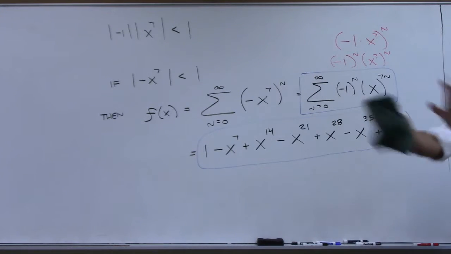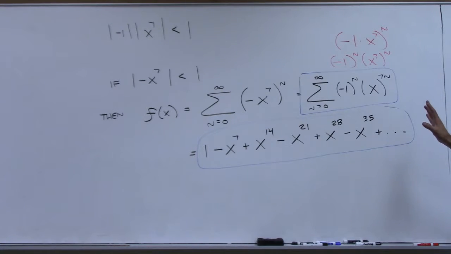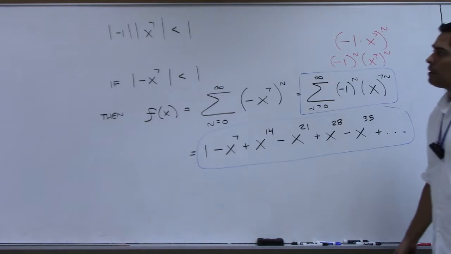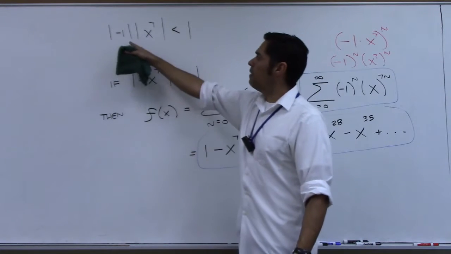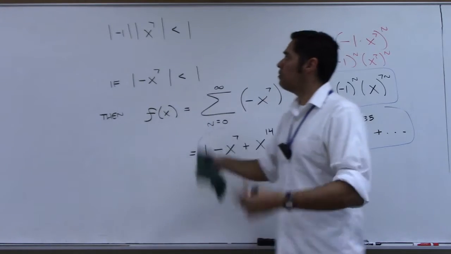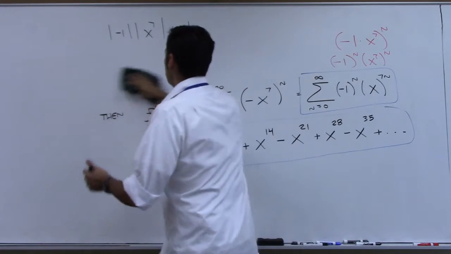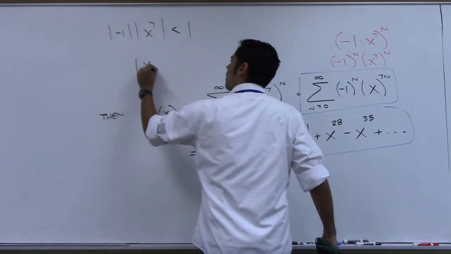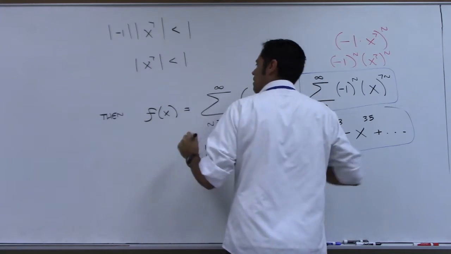Now, if I just give you a power series and I don't tell you where it came from, then you could have a radius of convergence of 0, which is the previous section. So I'm taking this, I'm peeling off a -1, absolute value -1 won't matter. So this becomes absolute value of x to the 7th less than 1.